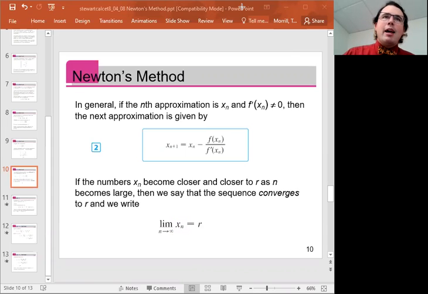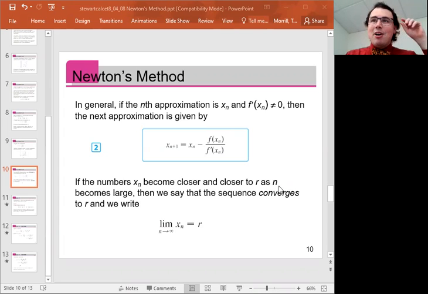Here, my list of guesses is supposed to be getting closer to some r, some root of a function that I care about. What number r can I put into this function and get 0 back out of it? I know that there should be some number like this, but in practice, it's hard to find that exactly.